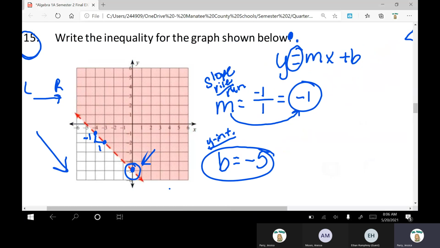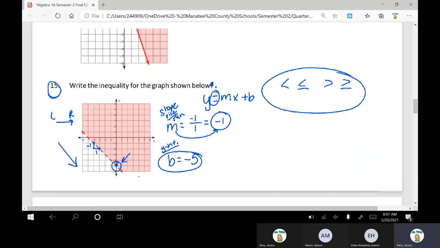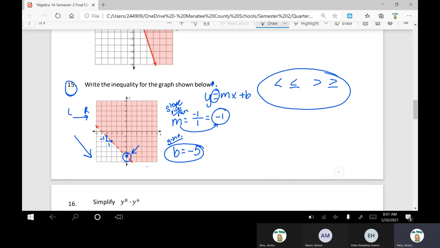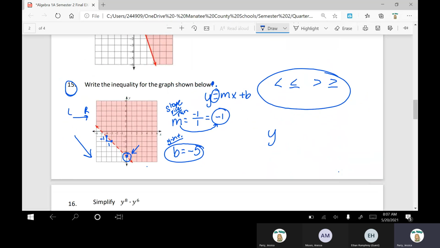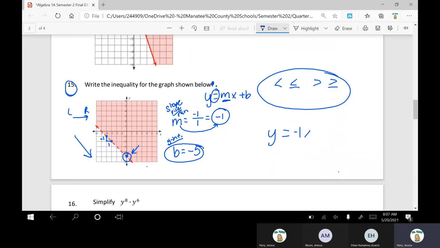Okay, so we've got our 2 pieces of information. There's only one more thing that we need, which is our inequality symbol. But I'm going to go ahead and start writing out the rest of it so far. So pretend like it's y equals mx plus b. I would write y equals, and then my m is what I plug in first, which is a negative 1, and then x.